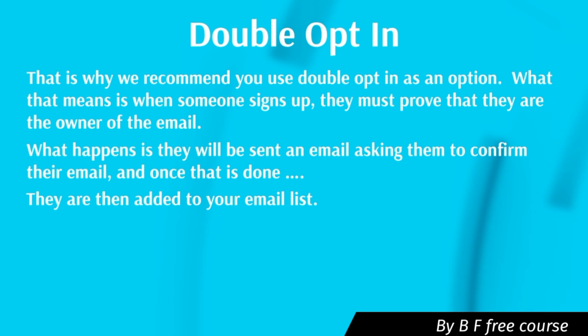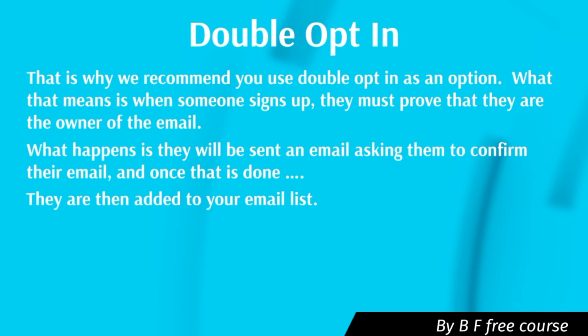Now, there have been studies, there have been tests. Some say that double opt-in works better. Some say that single opt-in works better. So really, at the end of the day, you're not going to know until you actually test it out. Now, given that double opt-in, if you send about 1,000 people and you get, let's say, for example, a 50% conversion rate, then 500 people may opt in.